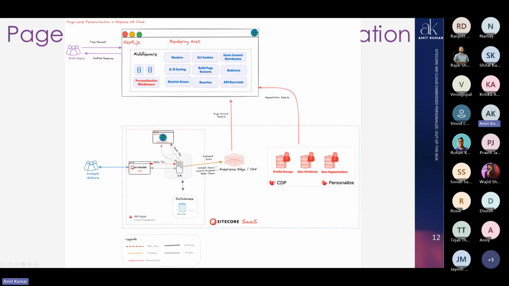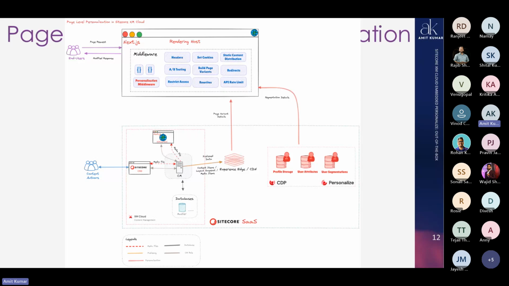If it is an SSG page, then when you are building, all the variants are present here, so the call will not be made to the experience edge to get the page variant. But if it is SSR, then the call will be made to the experience edge to get all the page variants, and then the call will be made to the backend system by the personalization middleware to get the user segmentation details, and then the mapping will happen.